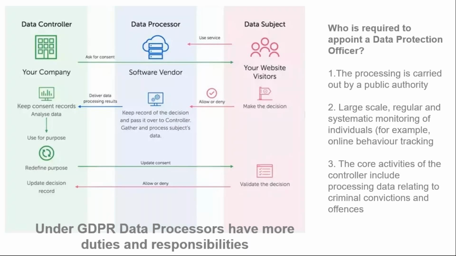Or if your core activities as a business relates to things like criminal convictions offences, you would need a data protection officer. For most training companies, probably not. There may be the odd person on here who does need to consider that. But again, a bit of a myth, that you definitely need one. It'll be the exception rather than the rule, actually. Okay. But again, if in any doubt, refer to that ICO website or do ask the ICO. I'll talk about that later on.